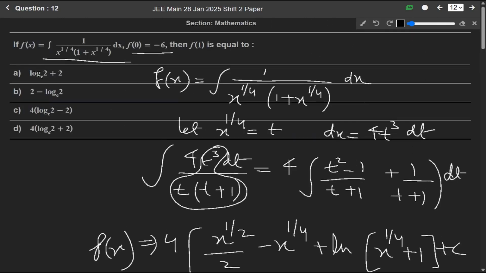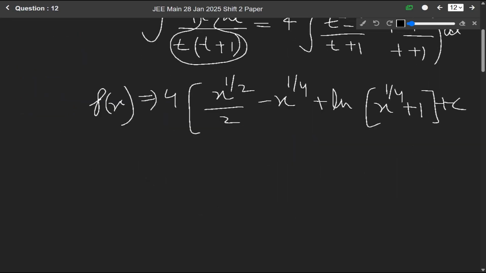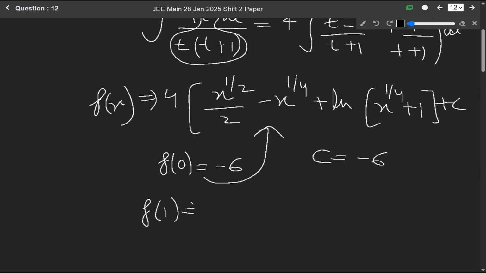Now we are given f(0) equals −6. If we put here f(0) equals −6, then from here c will be equal to −6. So f(1) will be equal to 4 times (1/2 − 1 + log(1 + 1)).